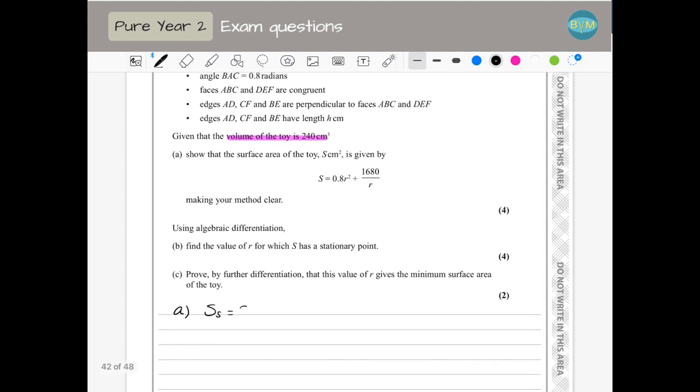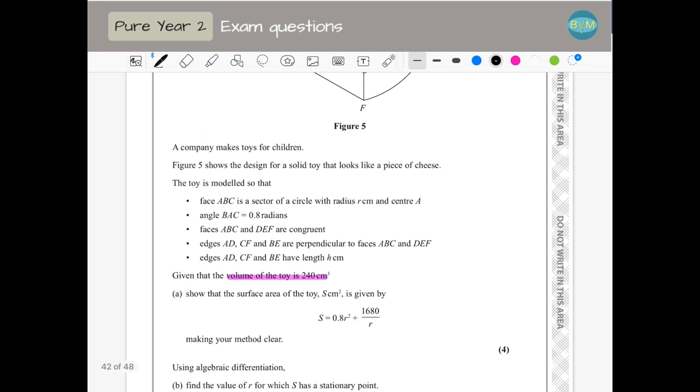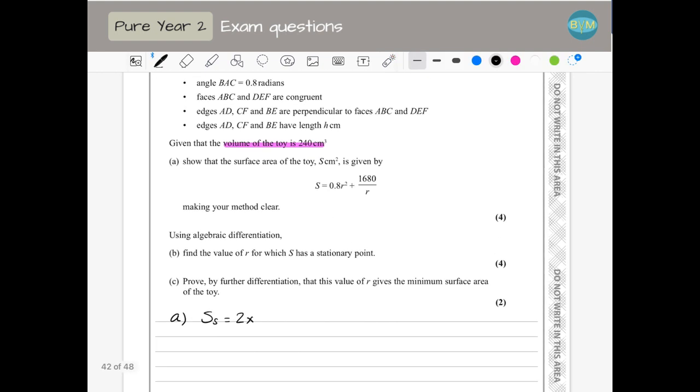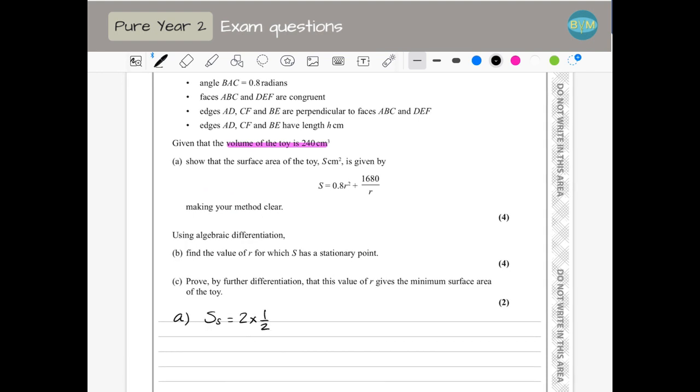I have two sectors, and the area of a sector when I have radians, remember, is just 1/2 of the angle in radians times radius squared. So 1/2 times the angle, which is 0.8, and radius squared.